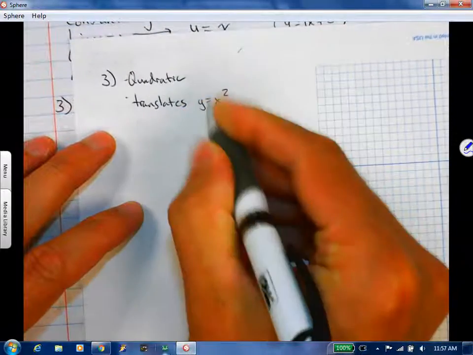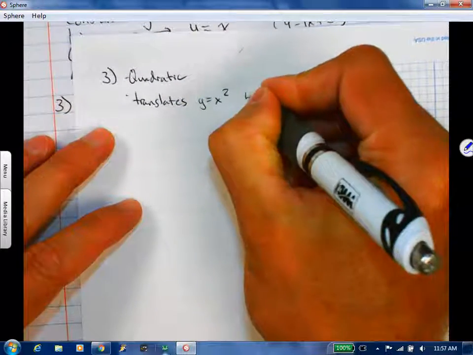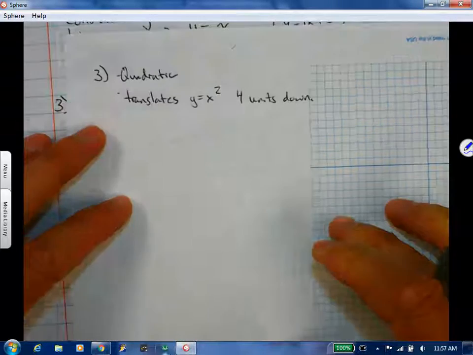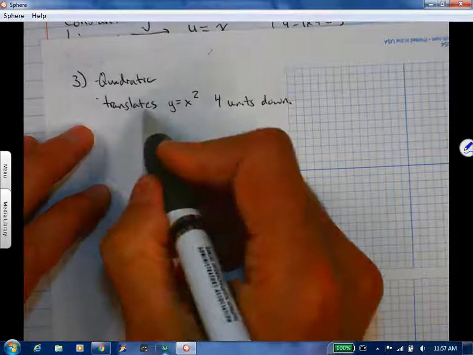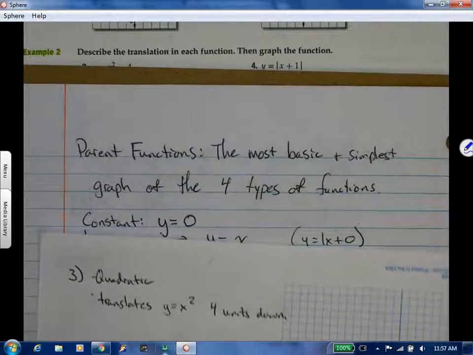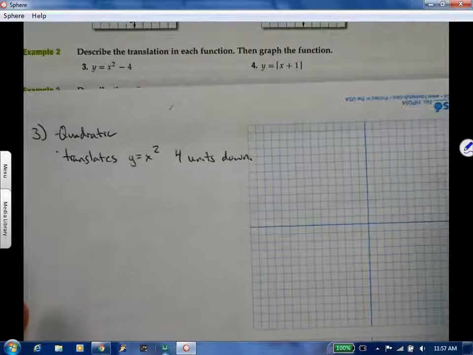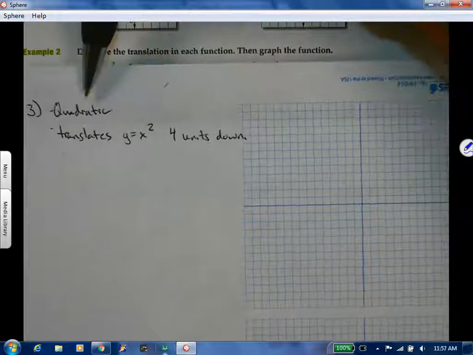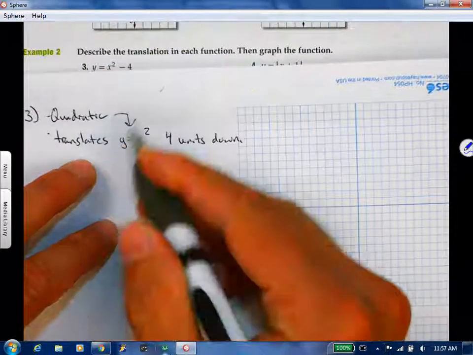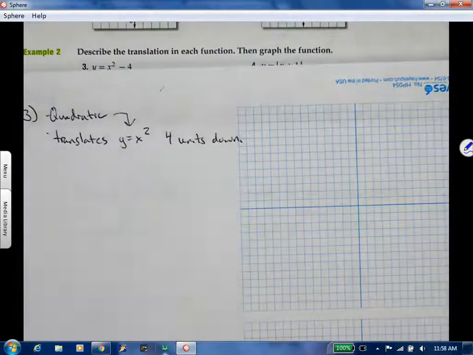There's my parent function, 4 units down. That is describing the type of translation that you have. Move that down so we still see. So this describes the translation. I recognize my parent function. The parent function was y equals x squared, so it's going to translate my parent function 4 units down.